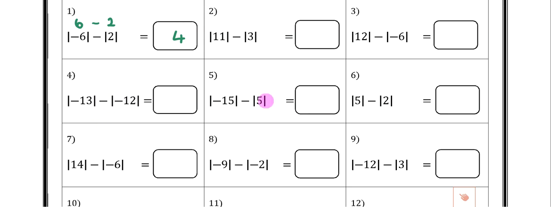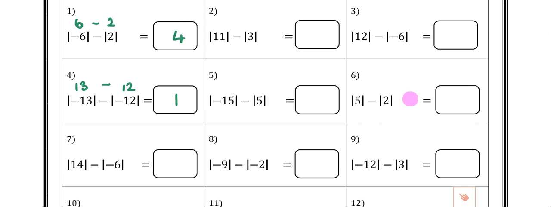But we don't, do we? Because the absolute value of negative 13 is 13, and the absolute value of negative 12 is 12. So we're actually just doing 13 subtract 12, which is 1. Okay? So it does affect things a little bit.